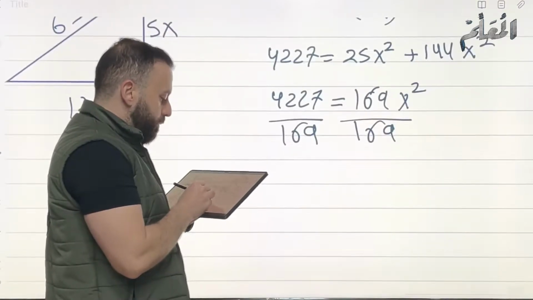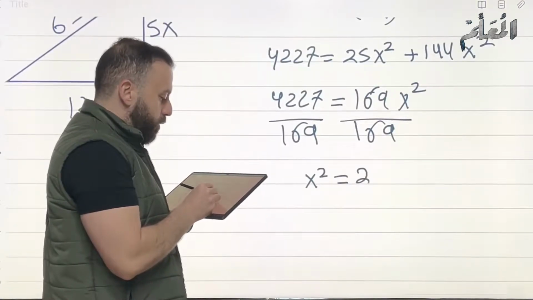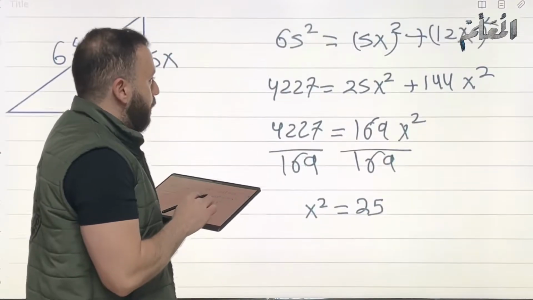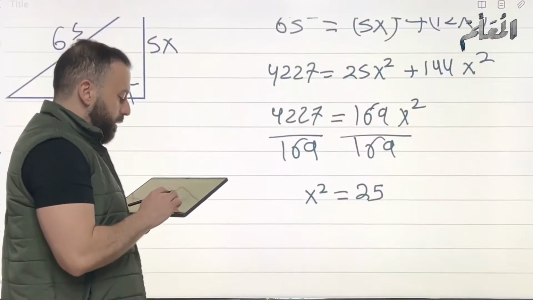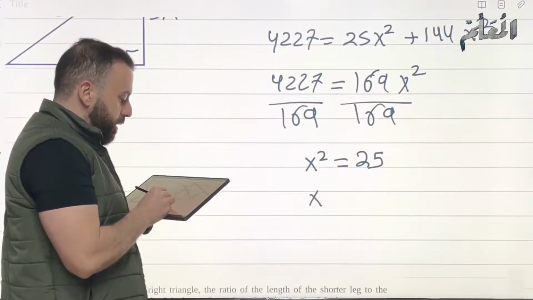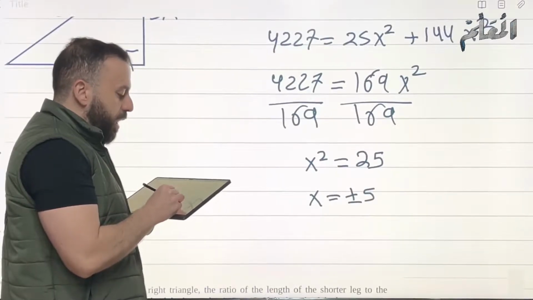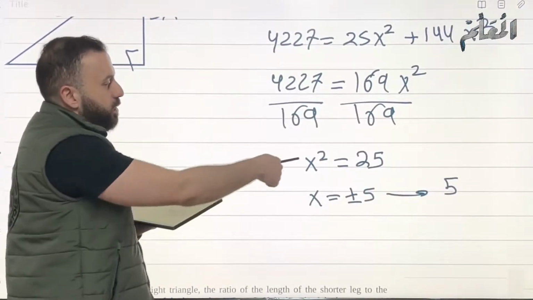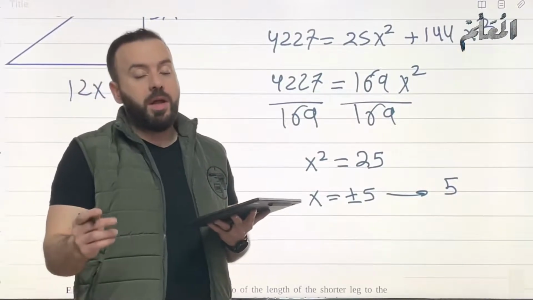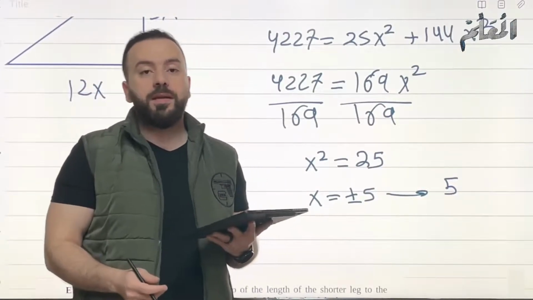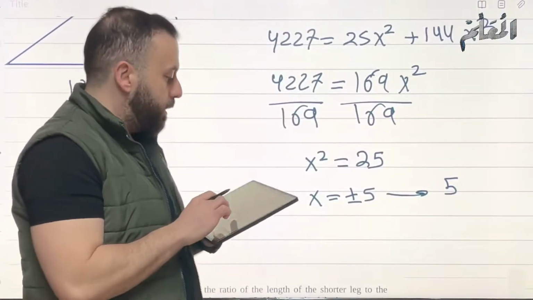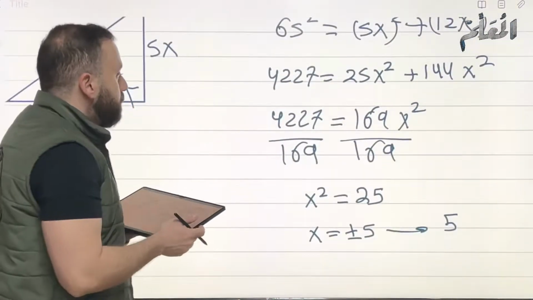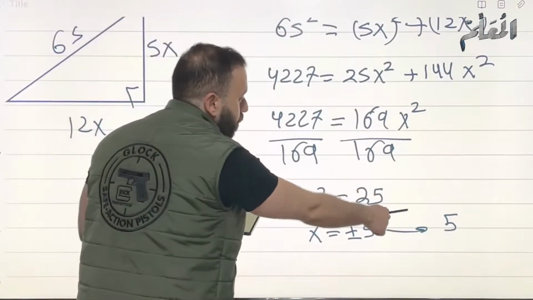Then x is equal to plus or minus 5, and of course I'm going to take the 5, because it's a real life application. You don't take the negative side. So I know now that x equals 5.